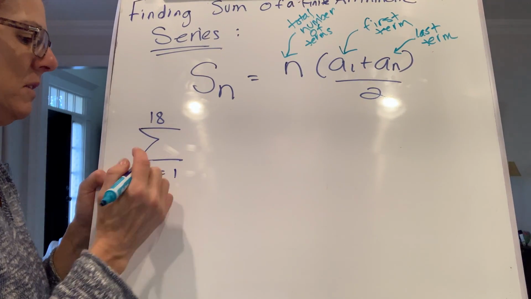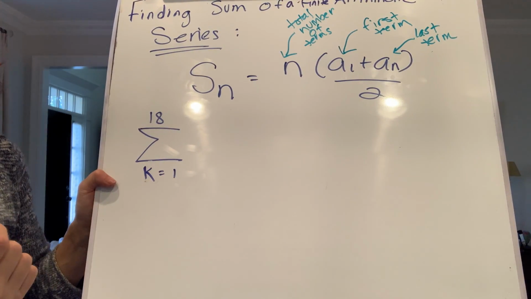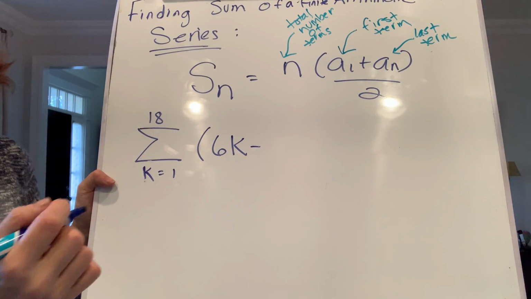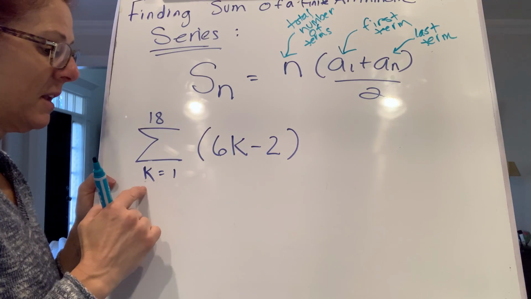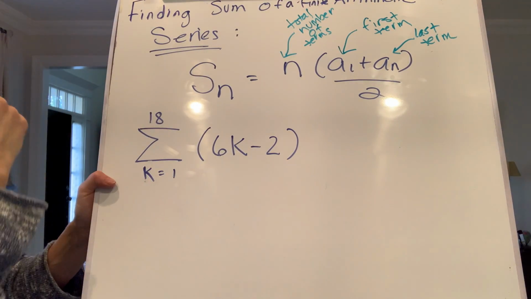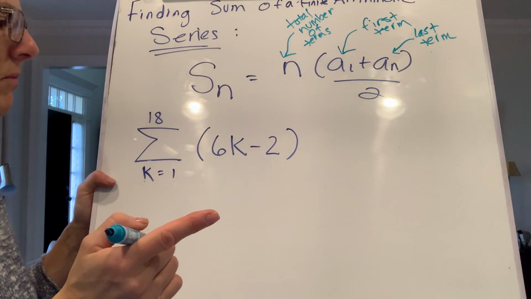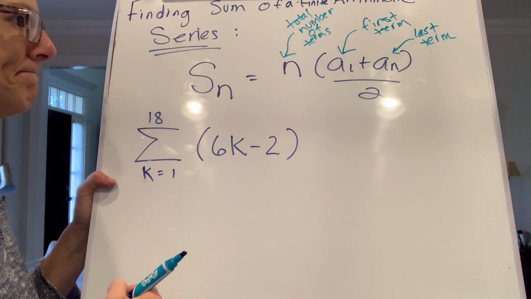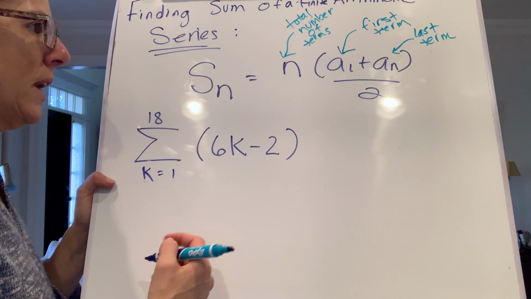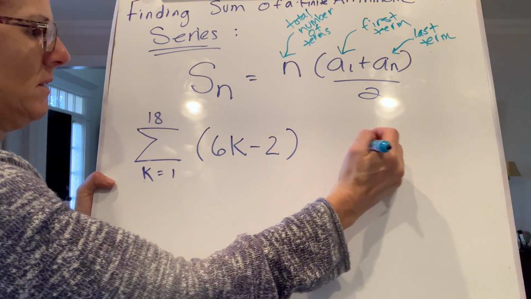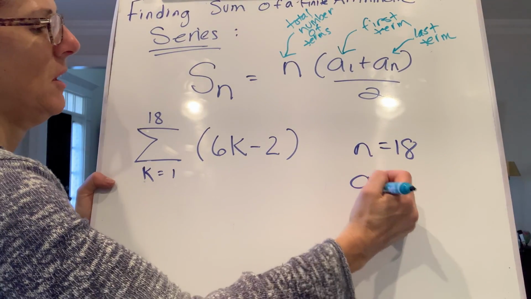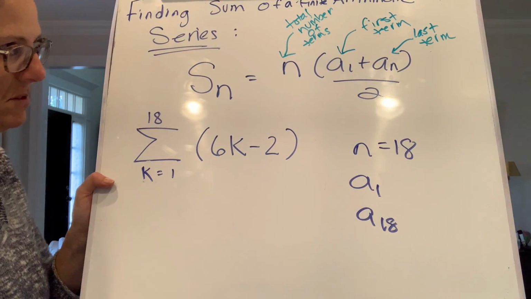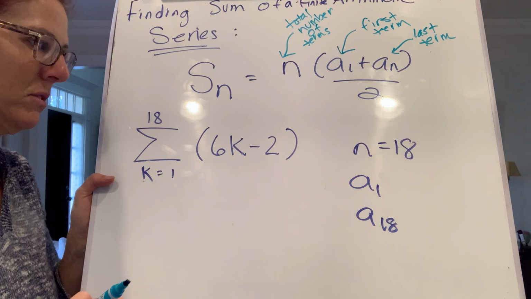We're going to use k's here; again, we can use any variable. So we need to find n, which in this case is 18. We need to find A1, and we need to know A18, because that's the maximum.